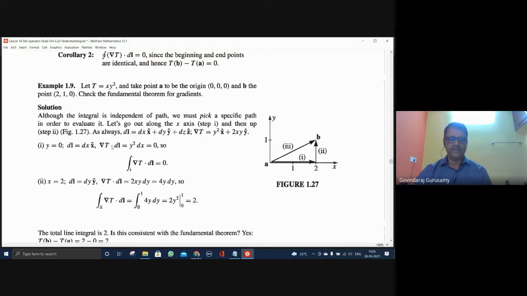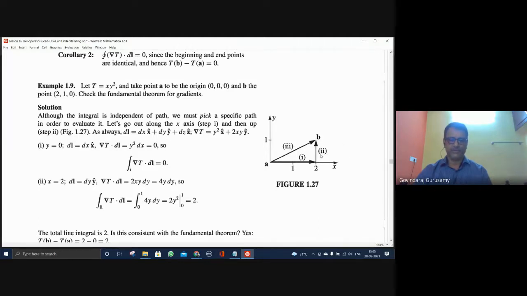Therefore del T dot dl equals y squared dx, which equals 0 because y equals 0. So you can see how this path leads to del T dot dl equal to 0. That is path 1.